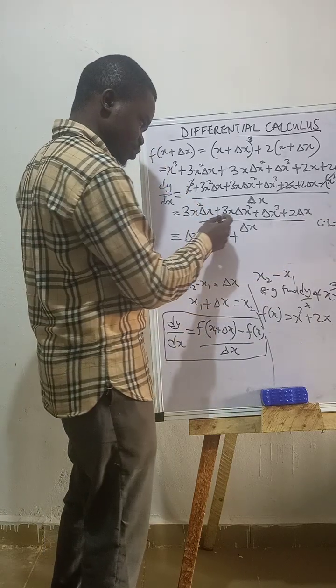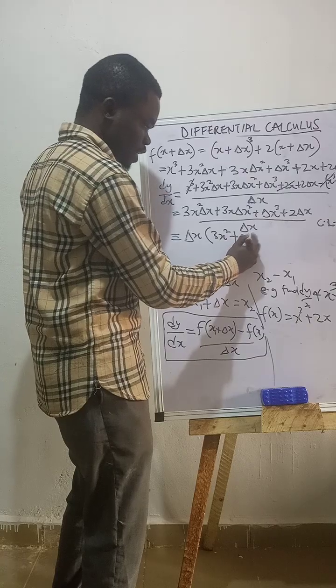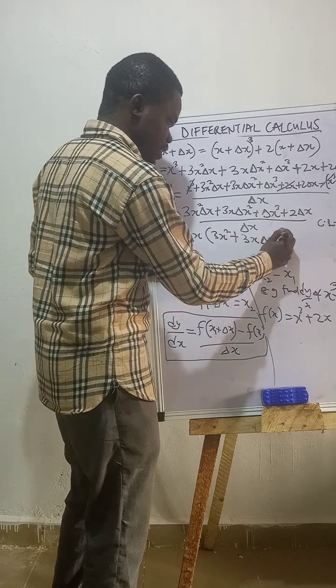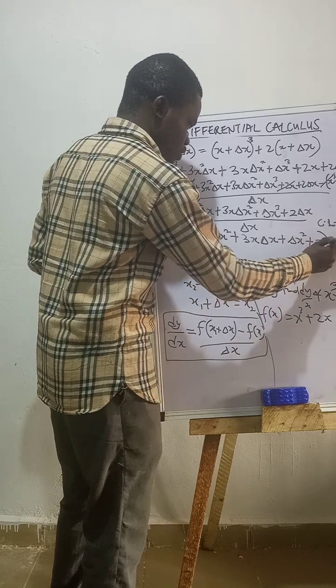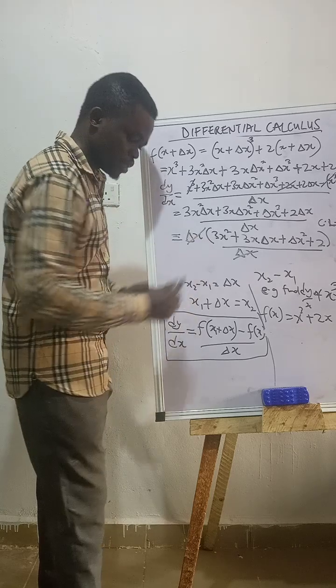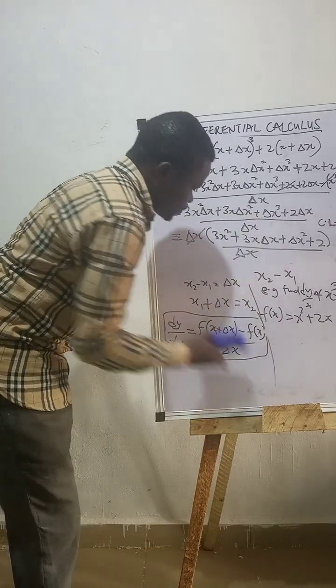That's the new work we are doing. 3x² plus 3x changing x stay inside, plus changing x squared plus 2, close the bracket, all over changing x. This cancels this, right? They cancel each other.